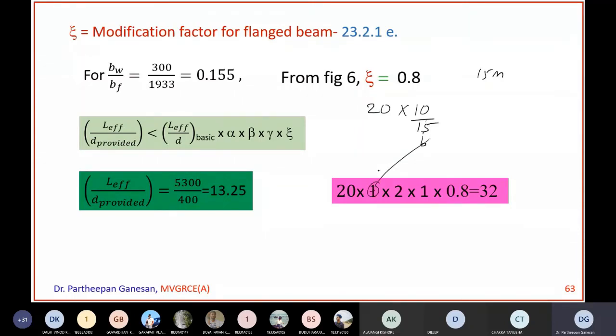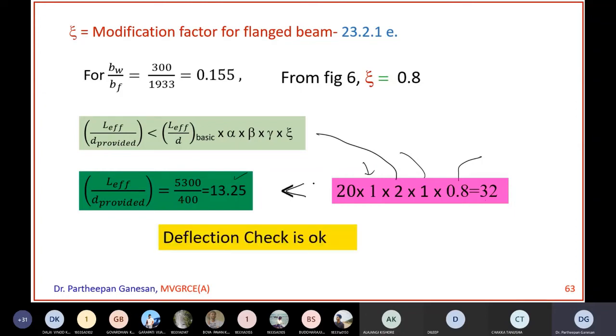Okay, but right now we have only 5 point something, so that is for 1, and this is for tensile steel, this is for compression steel, this is for flange. The total is coming out to be 32. Obviously 13.825 is less than 32. So your check for deflection is okay.